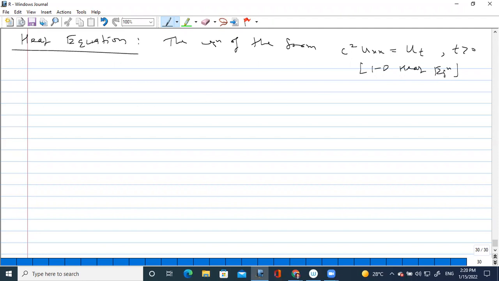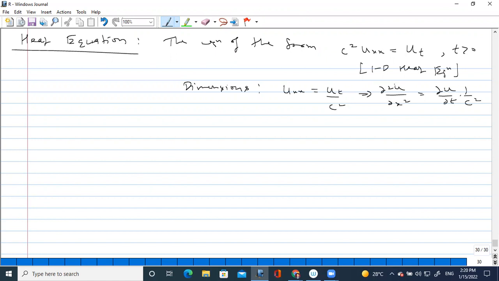If you want to check the dimension, it is simple. Uxx equals ut by c square. So this implies uxx, which is del 2u by del x square, equals del u by del t into 1 by c square.